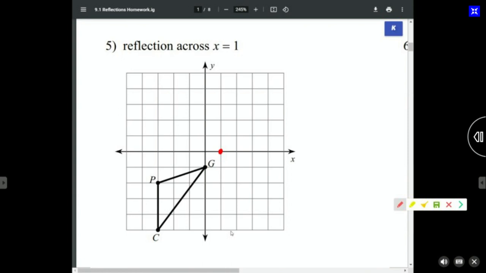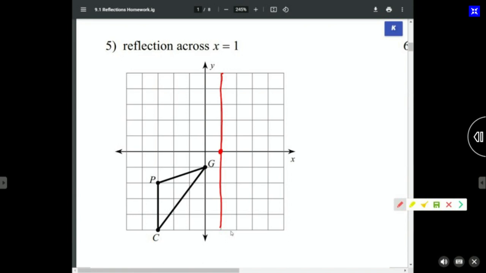And draw a line through it. Okay. Now, does that line run with the Y or with the X? With the Y. So that means if I'm going to flip over this, I'm going to flip this way, right?